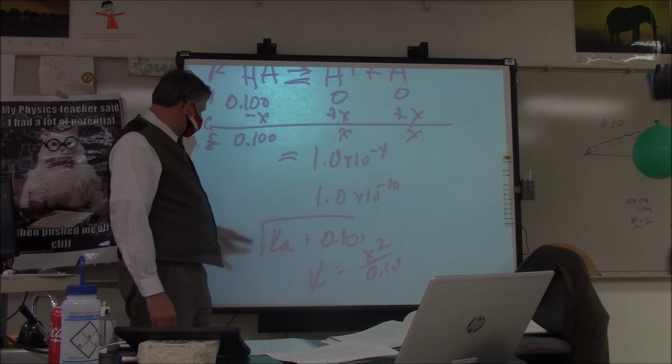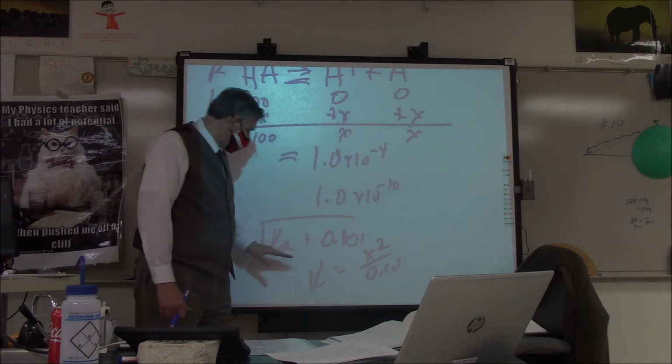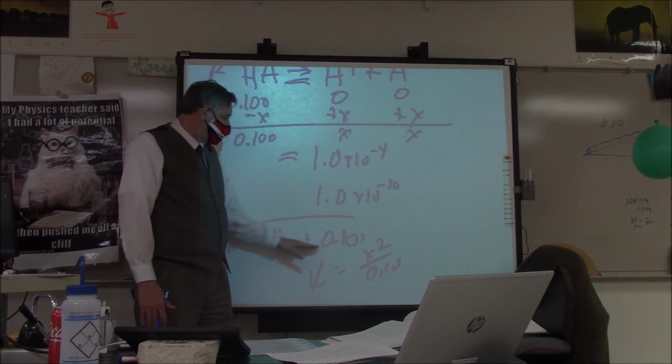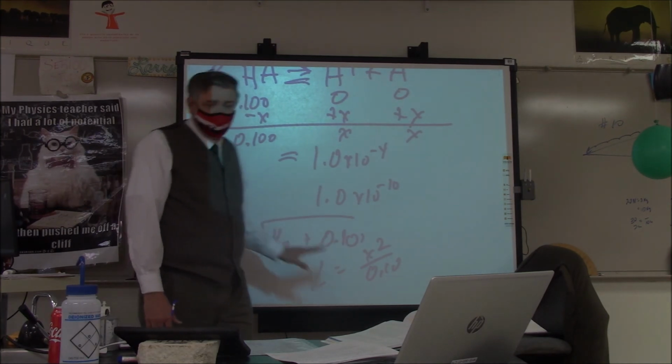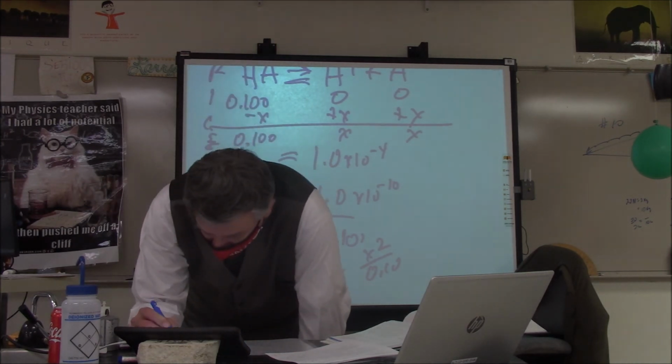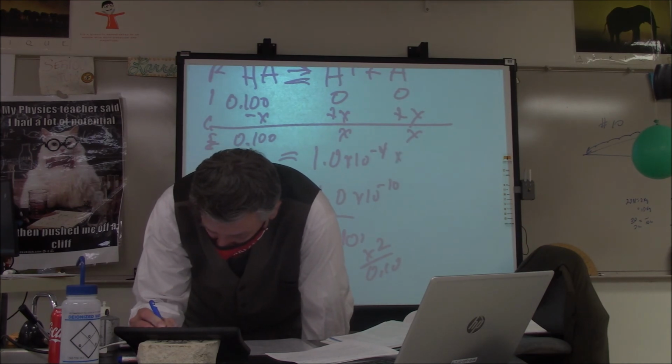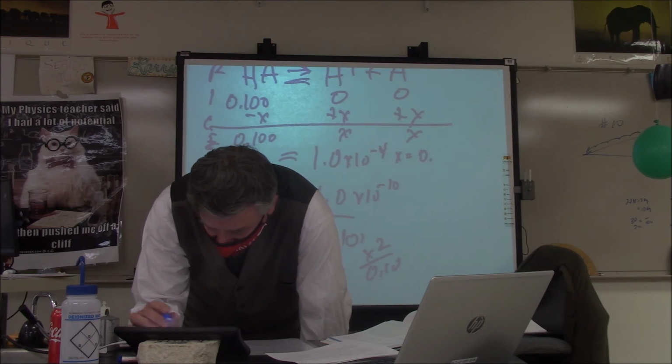So what I'm going to do is take that Ka value, 1.0 times 10 to the negative fourth, multiply that by 0.1, and then take the square root of that. So for this one, Amanda, what did you get X to equal? 0.00316. Give that to me in scientific notation, please. 3.16 times 10 to the negative third.